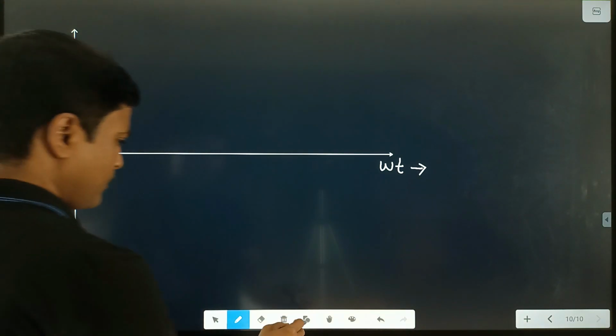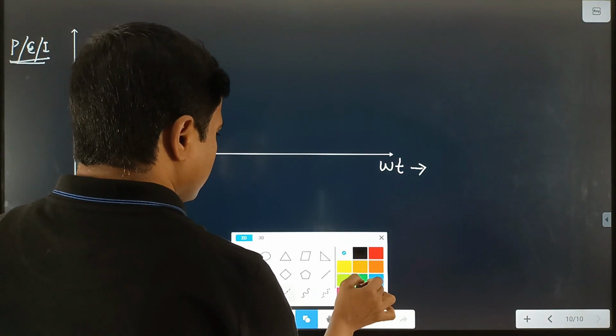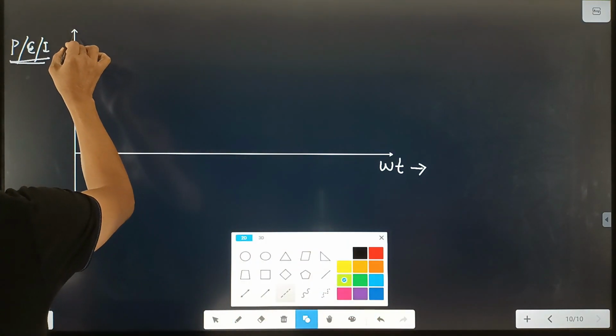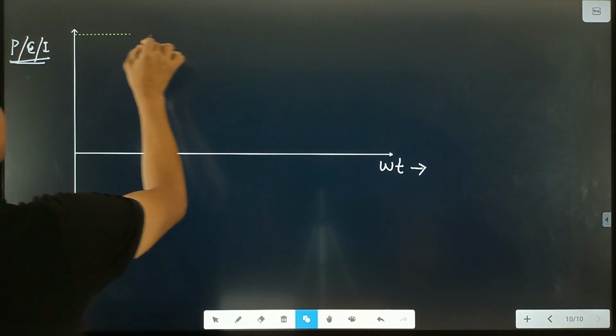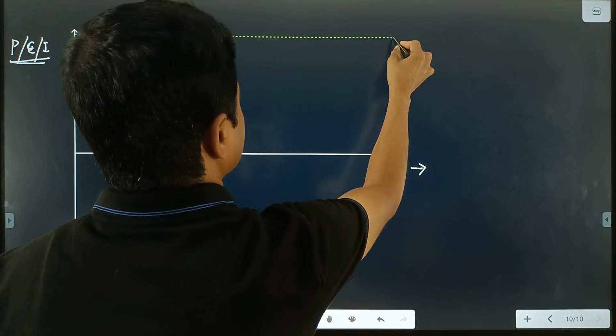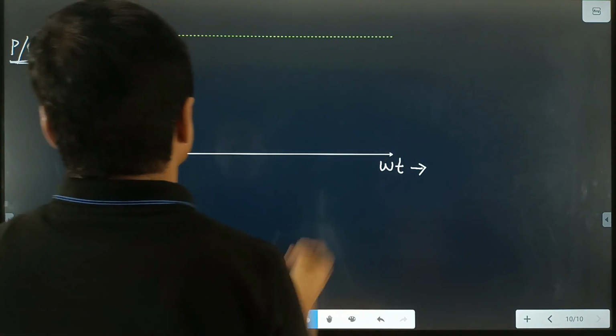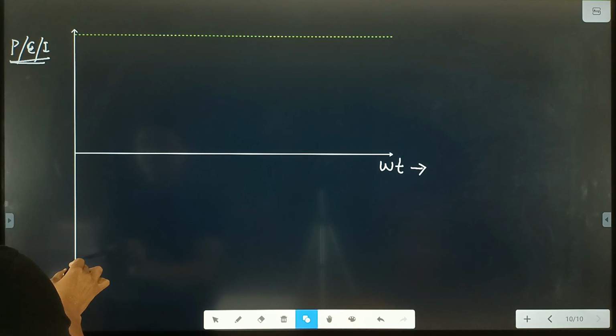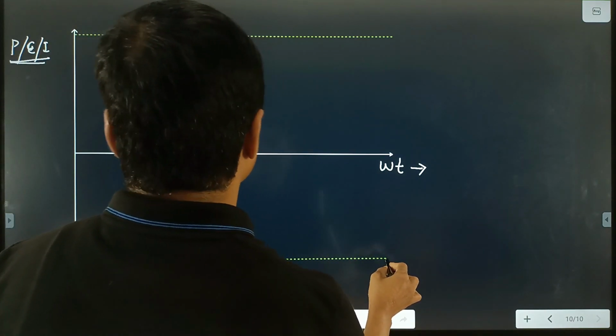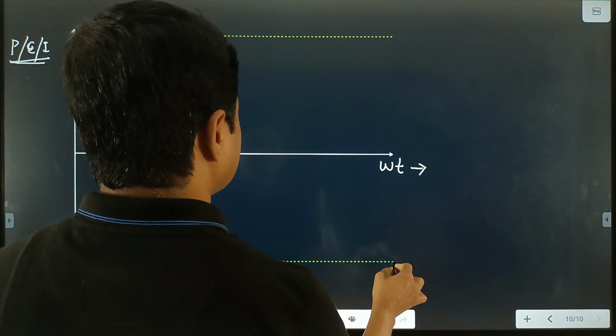Suppose this is the maximum value of power on the positive side, and this is the maximum value of power on the negative side.